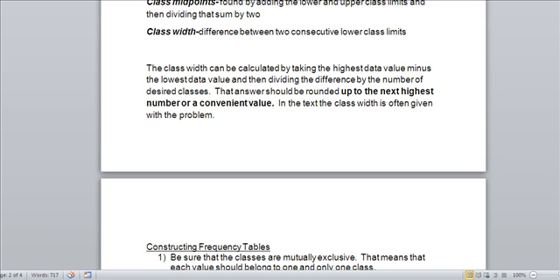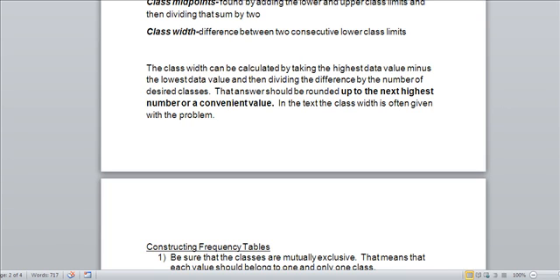The way you do that is you take the highest value minus the lowest value in your data, and then you divide that difference by the number of classes you desire. In frequency tables, the number of classes should be somewhere between 5 and 20. I rarely see one that has 20 classes. Most of them have like 5 to 10, I would say, is much more common.